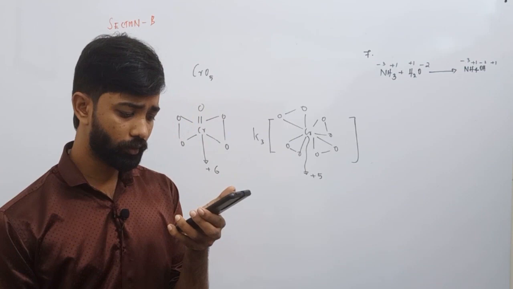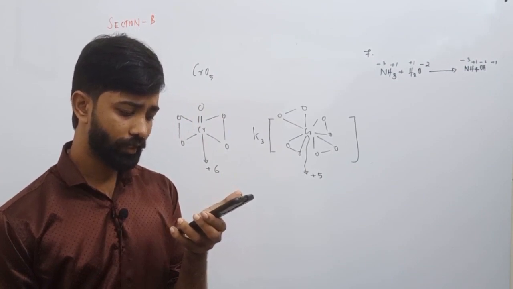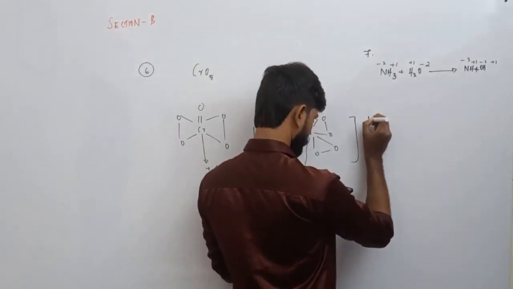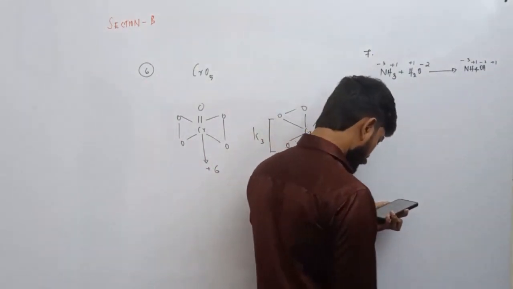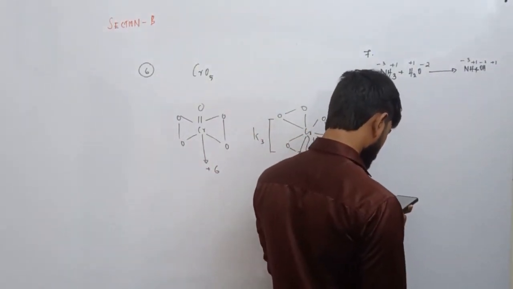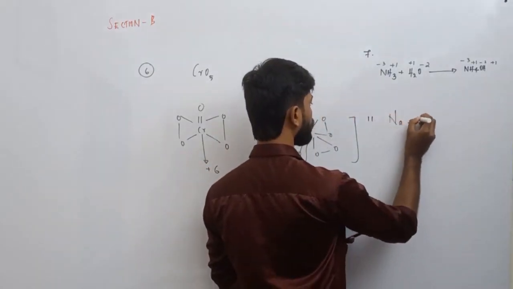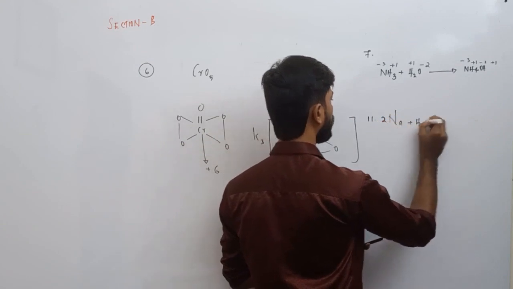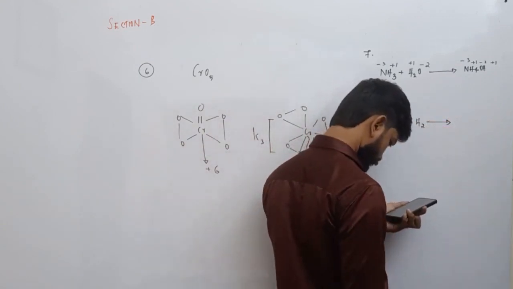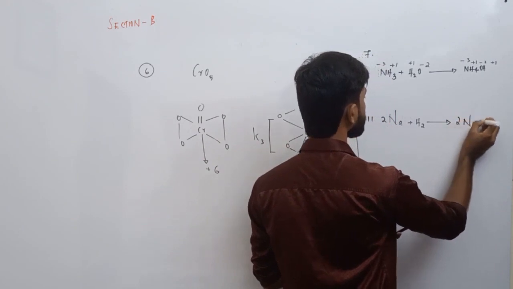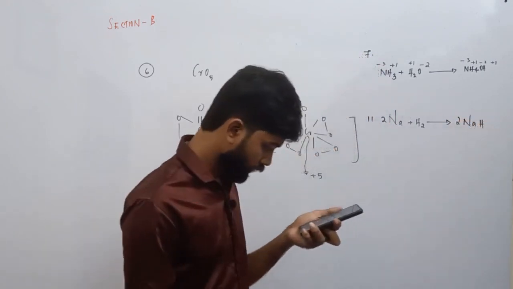Question number 11. When an alkali metal reacts with hydrogen, a metallic hydride is formed. That's simply a question from redox reactions. Let's say we have sodium with hydrogen. What happens? A metallic hydride will form. Sodium hydride is formed.